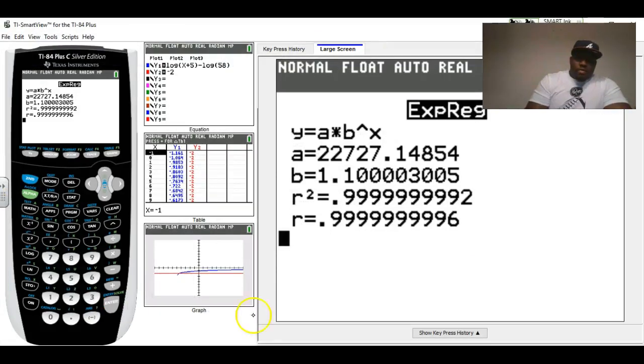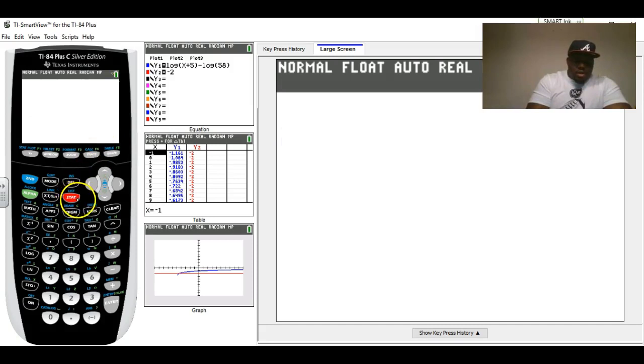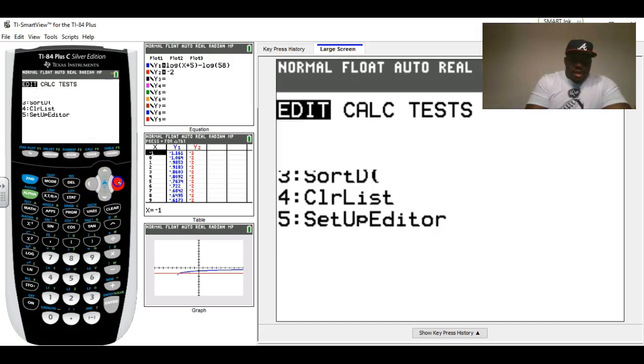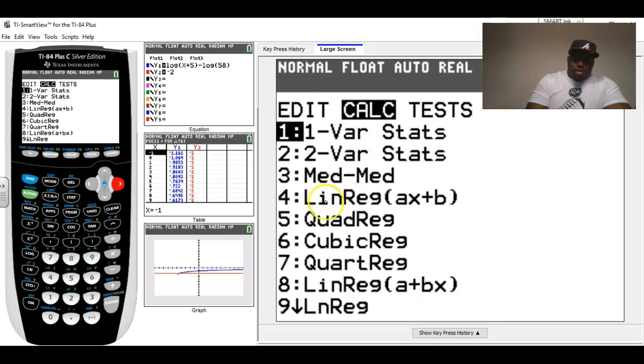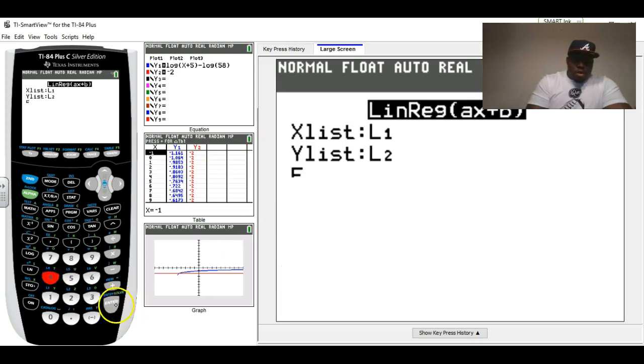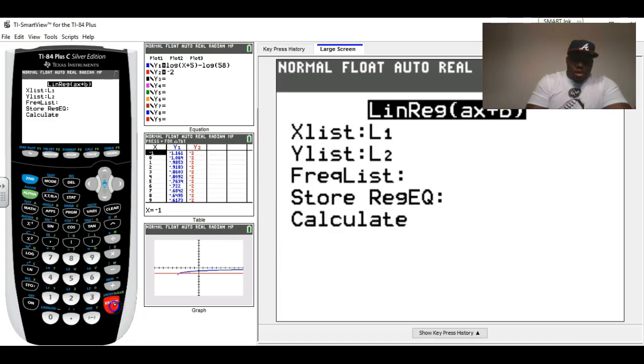Now, hypothetically, let's see real quick if we did linear regression instead of cubic. I'm just going to show you. Stat again, calculate, linear regression right here, option 4, and calculate.